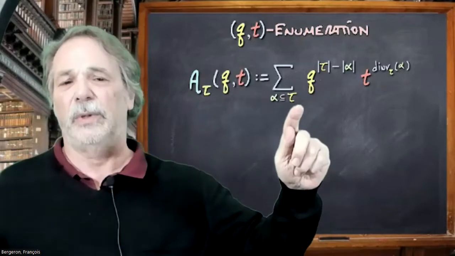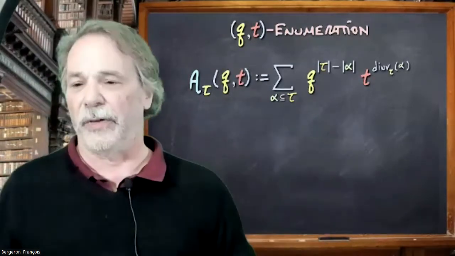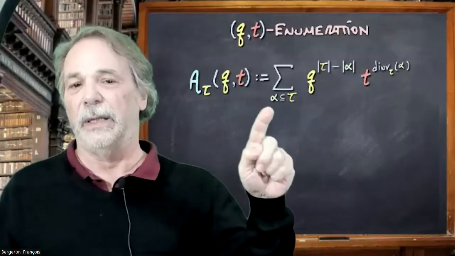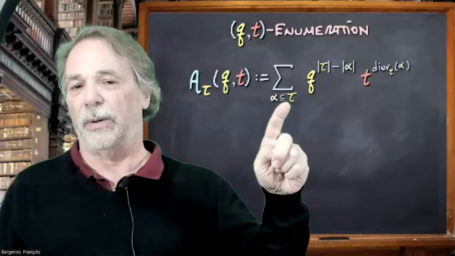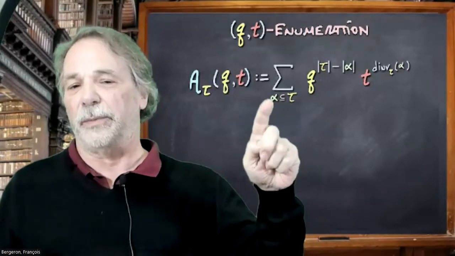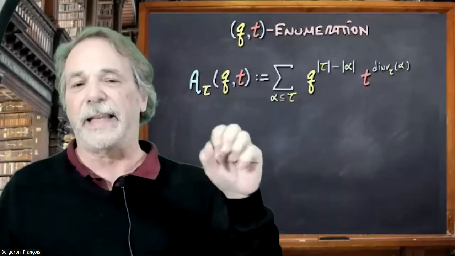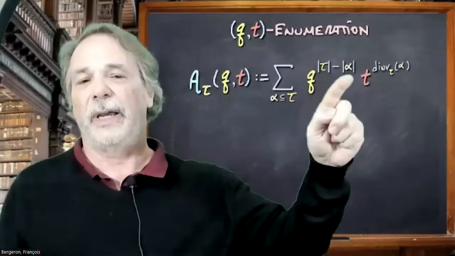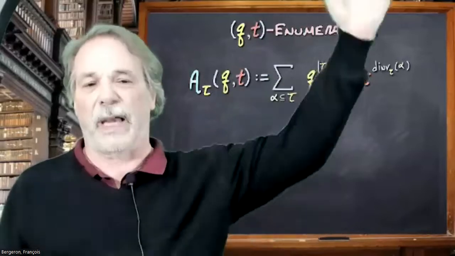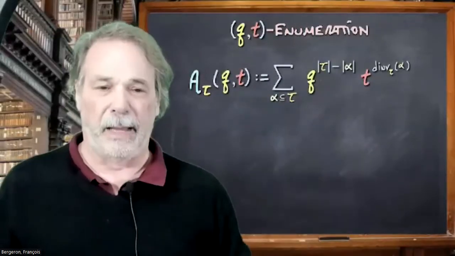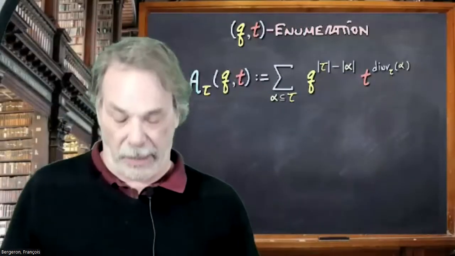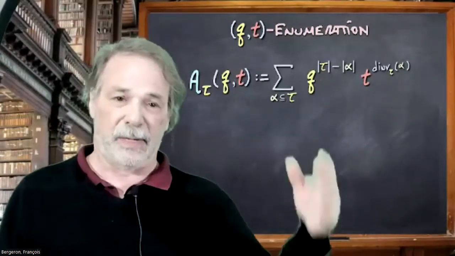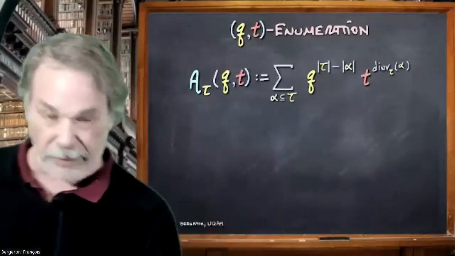And q is counting the number of non-green cells. You remember alpha is green inside yellow tau. So the cells that stay yellow, that's counted by q. So it's the area contained outside of alpha. And then there's the dim statistic for paths. And there are several ways of defining this.